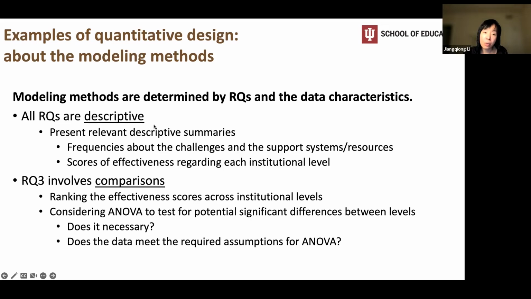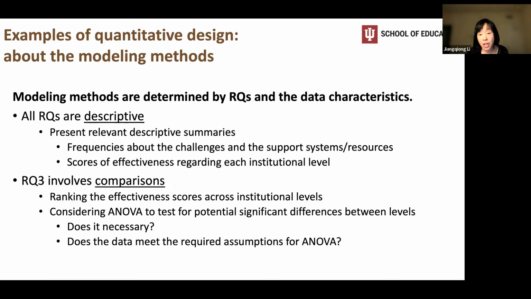So because all the questions are descriptive, firstly, what you definitely want to consider is to present relevant descriptive summaries. Then depending on the scale of your variables, you're going to choose different ways to present your descriptive summaries.